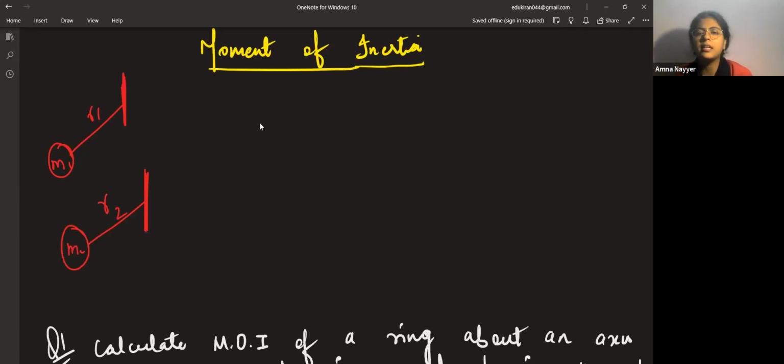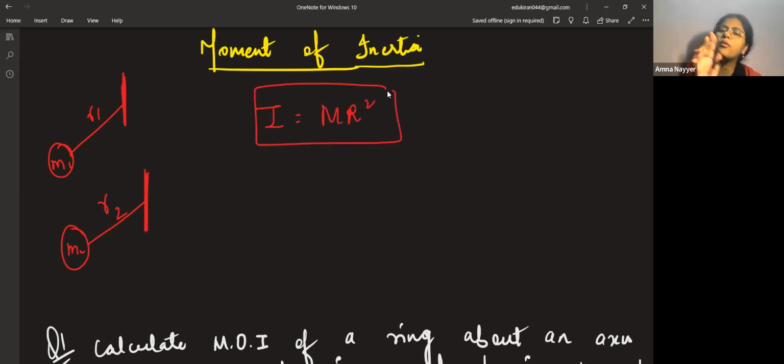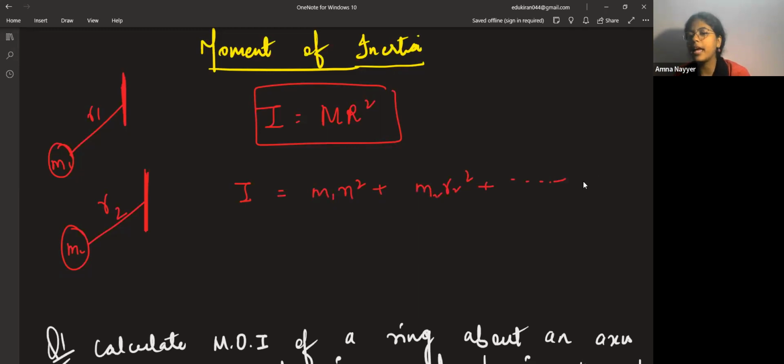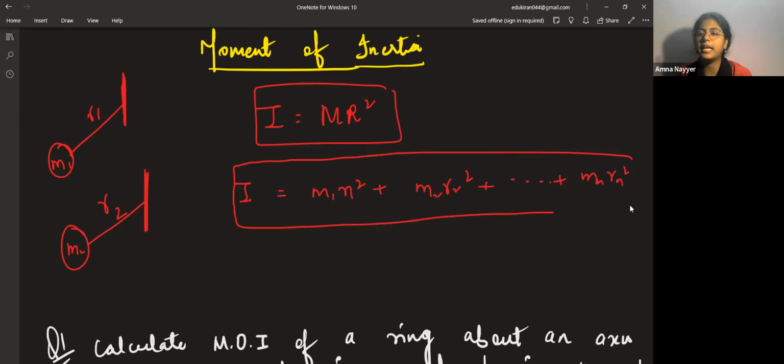One formula, remember, inertia is always, the basic formula is mr square: mass into the square of the radius or position vector. But if you have so many masses, m1, m2, m3, m4, up to m nth, what will you do? Add all of them. m1 r1 square plus m2 r2 square up till m nth rn square. Like this, keep on adding. mr square is the basic formula; you have to remember mr square.